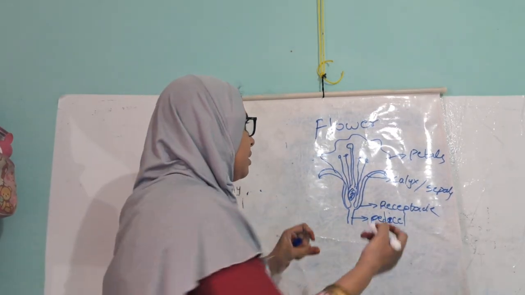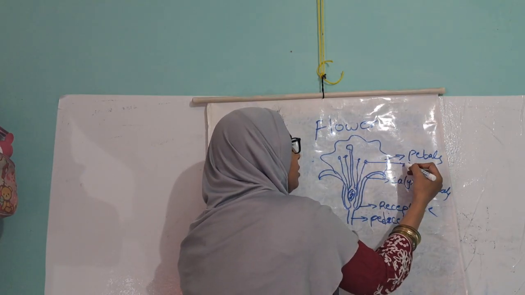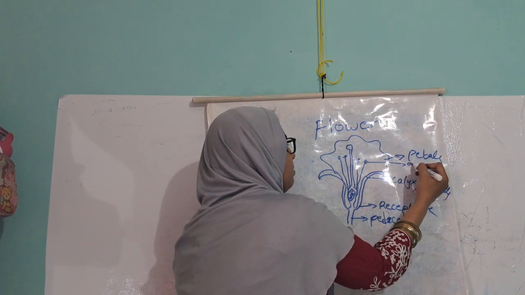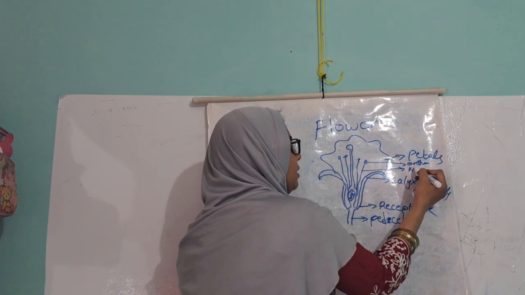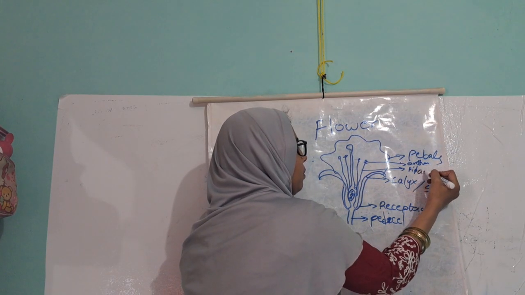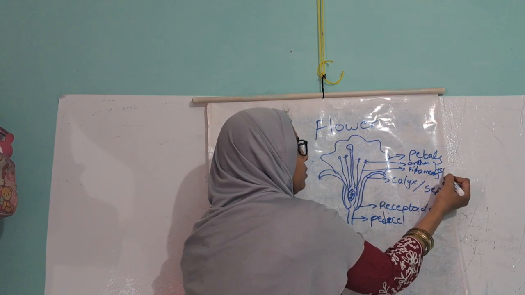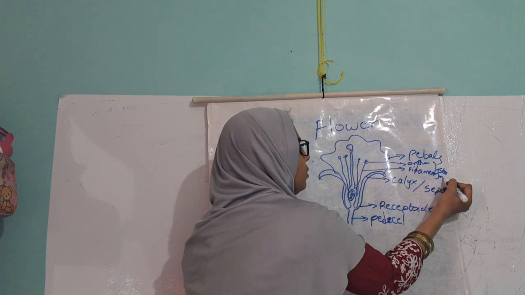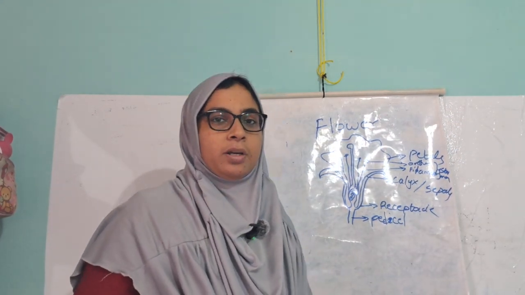The next part is stamens. Stamens are the male reproductive organs.